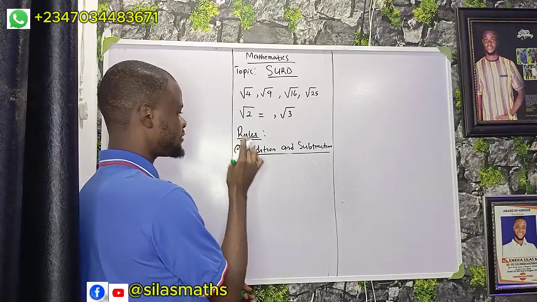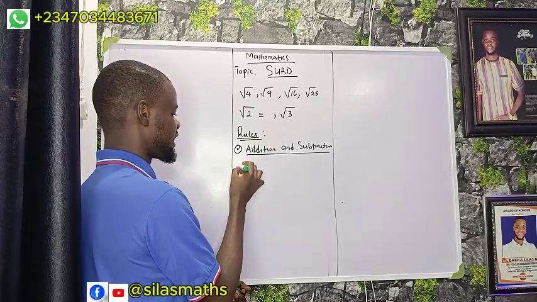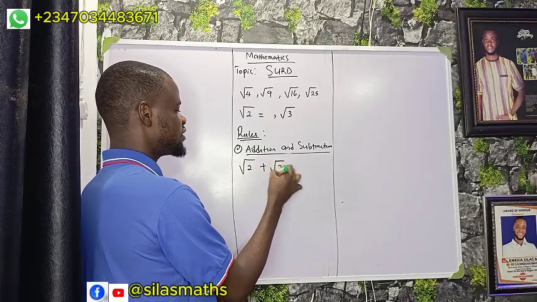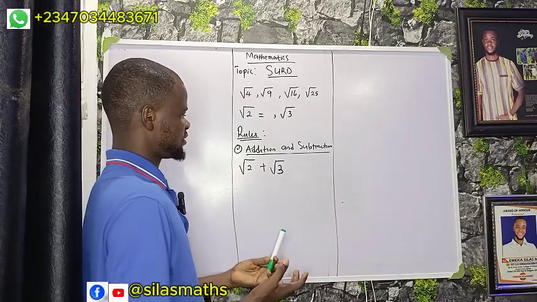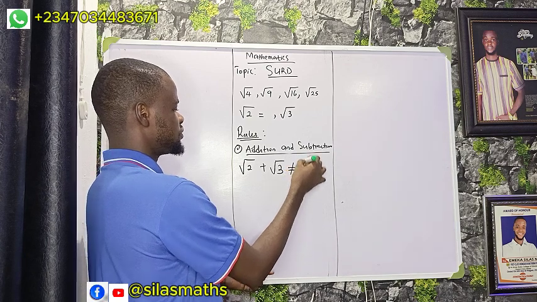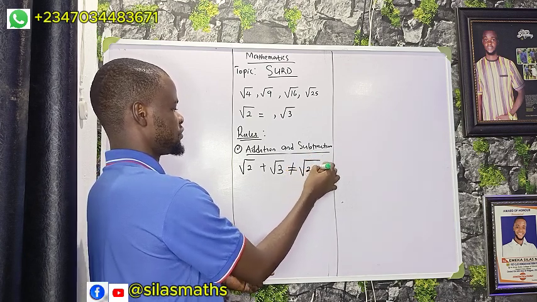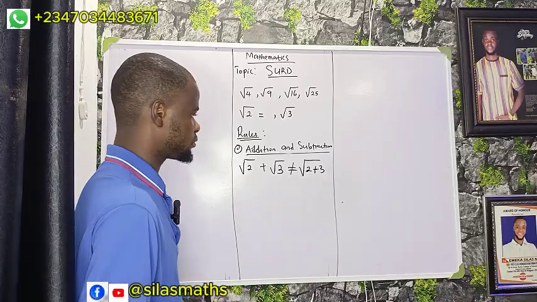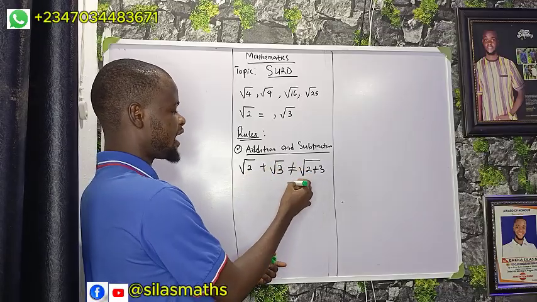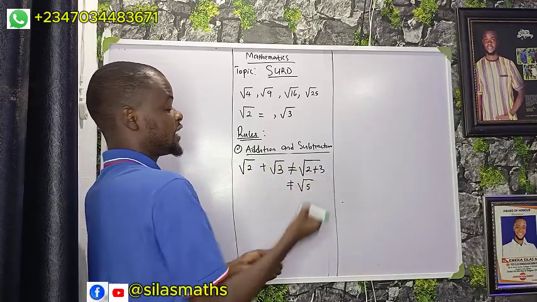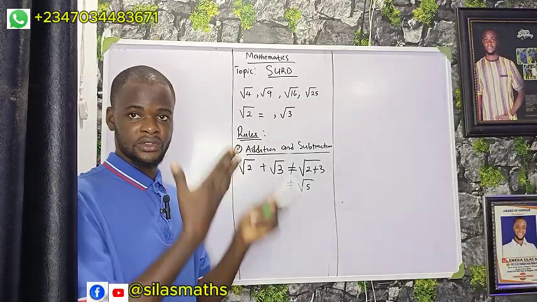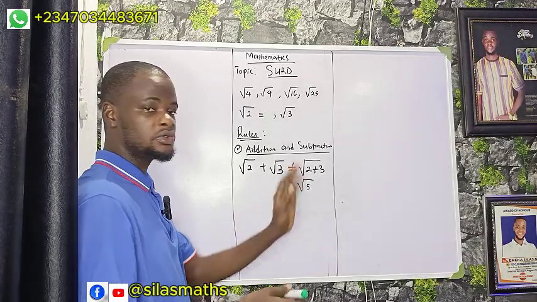The rule states that for addition, when I have surds like this, let's say root 2 plus root 3, these two surds are not equal to root of 2 plus 3. That is to say, 2 plus 3 inside the root won't give me root of 5. That will not give me root of 5. They are not equal. So root of 2 plus root of 3 is still equal to root of 2 plus root of 3. That's what the rule states.